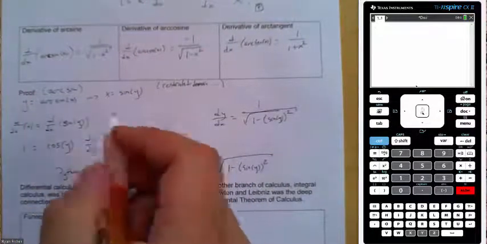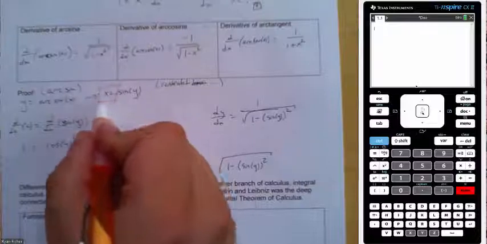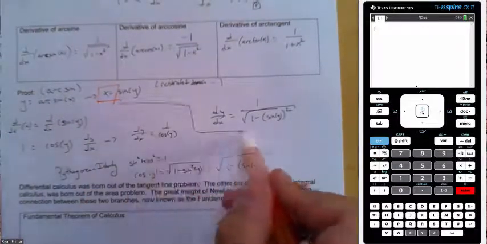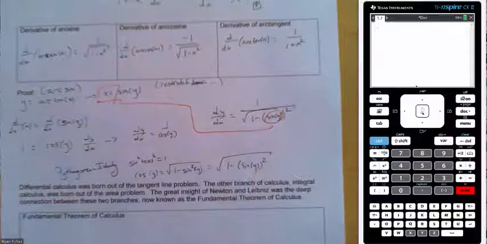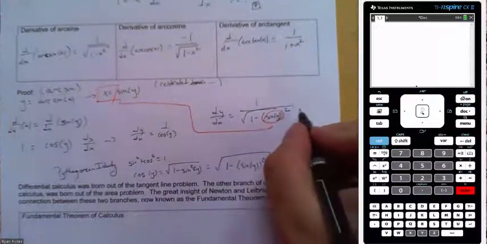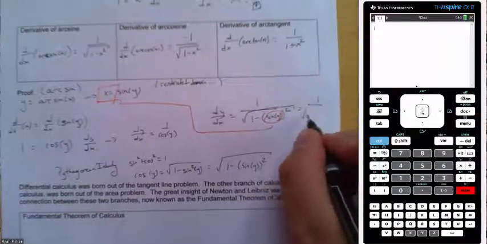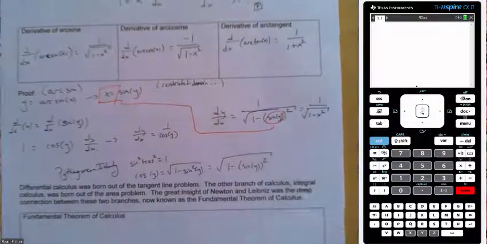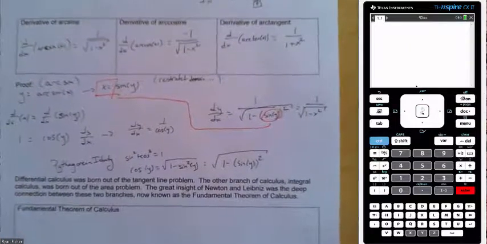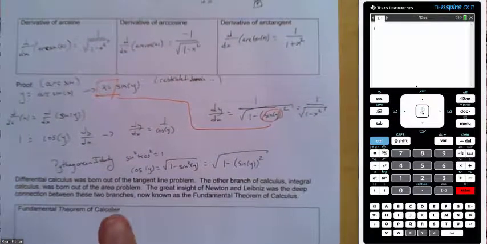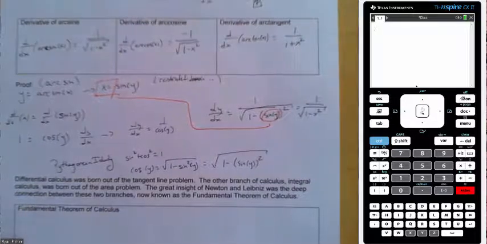And what do you know? Sine of y is equal to x. Thus, this is 1 over the square root of 1 minus x squared. The proof for arccosine works very similarly, and same with tangent as well. If you know each of these rules, we can work out the derivative of arctangent as well.